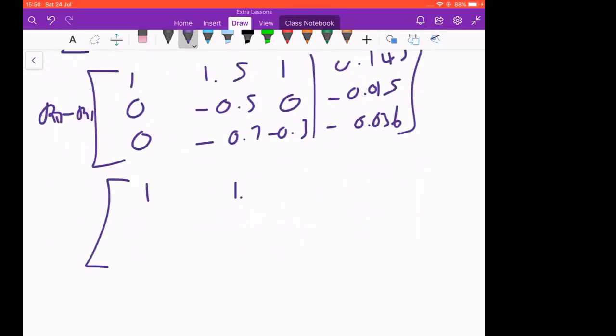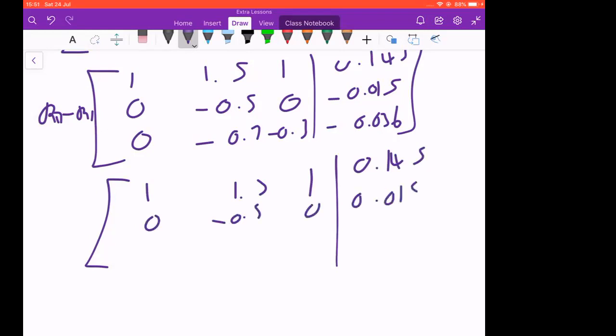So a little bit further. 0.45, 145, 0, negative 0.5, 0, 0.0115. So here you're going to have R3 minus 0.7 over 0.5 R2.